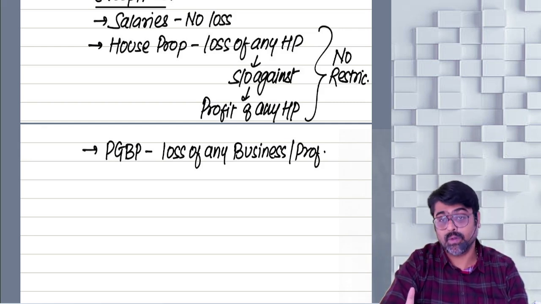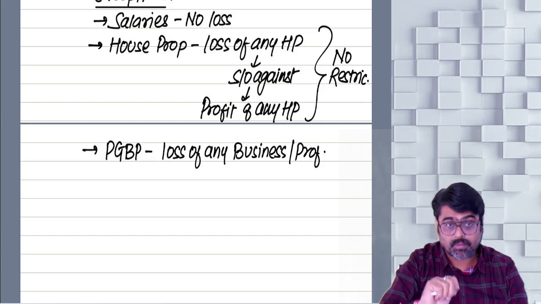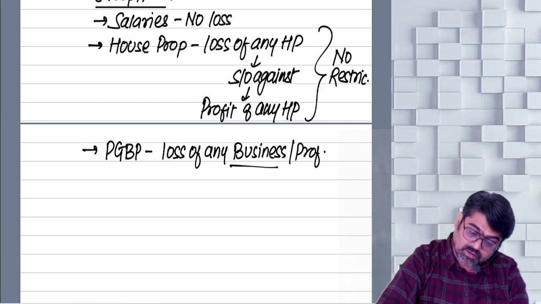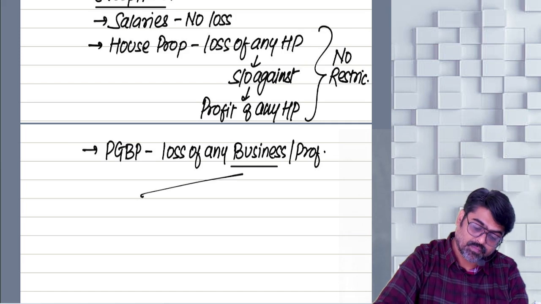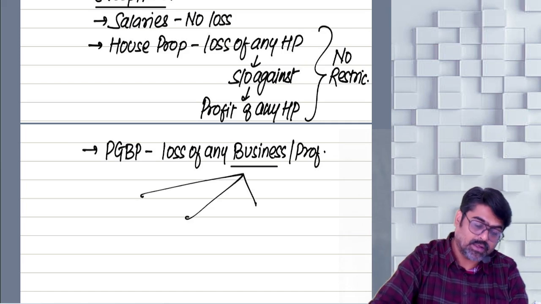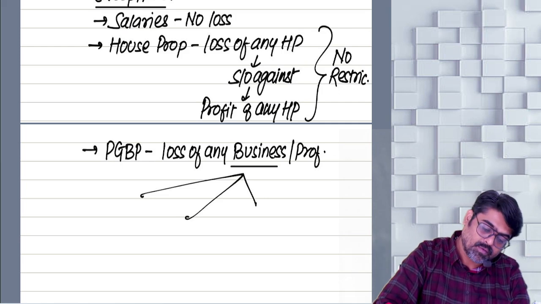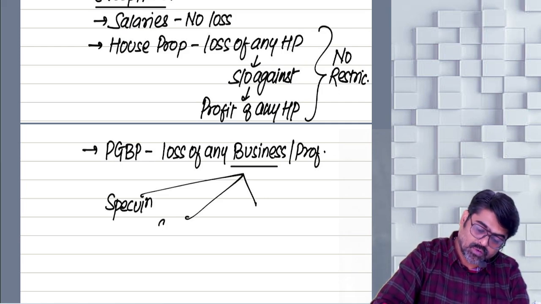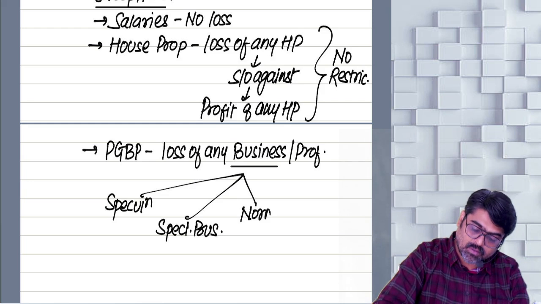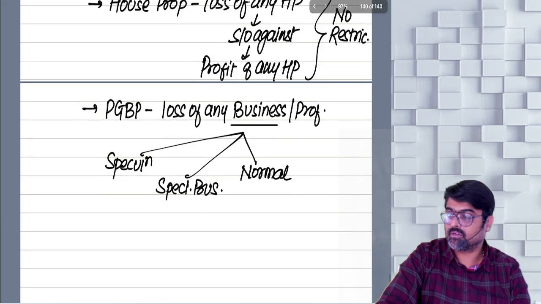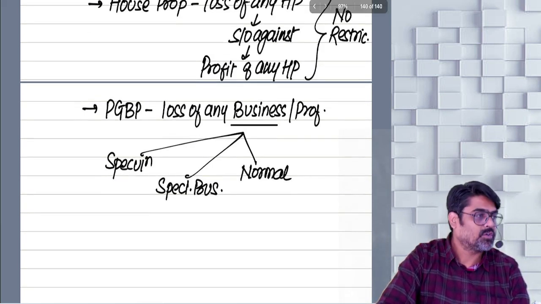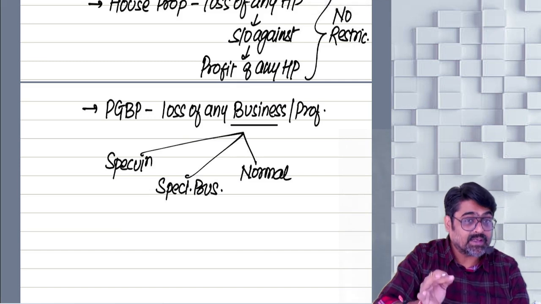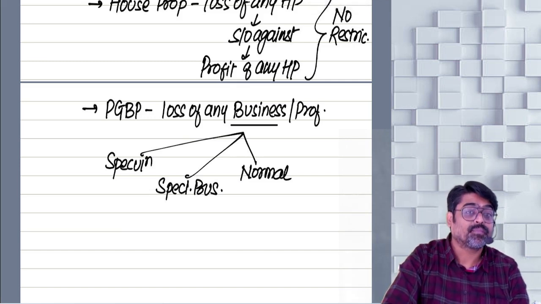But wait, while doing that, you have to remember that the businesses are of three types. 1 is speculation. 2 is specified business. Yes or no? And 3 is normal business, the business which is not a speculation or a specified business. There is a restriction. What did I say?